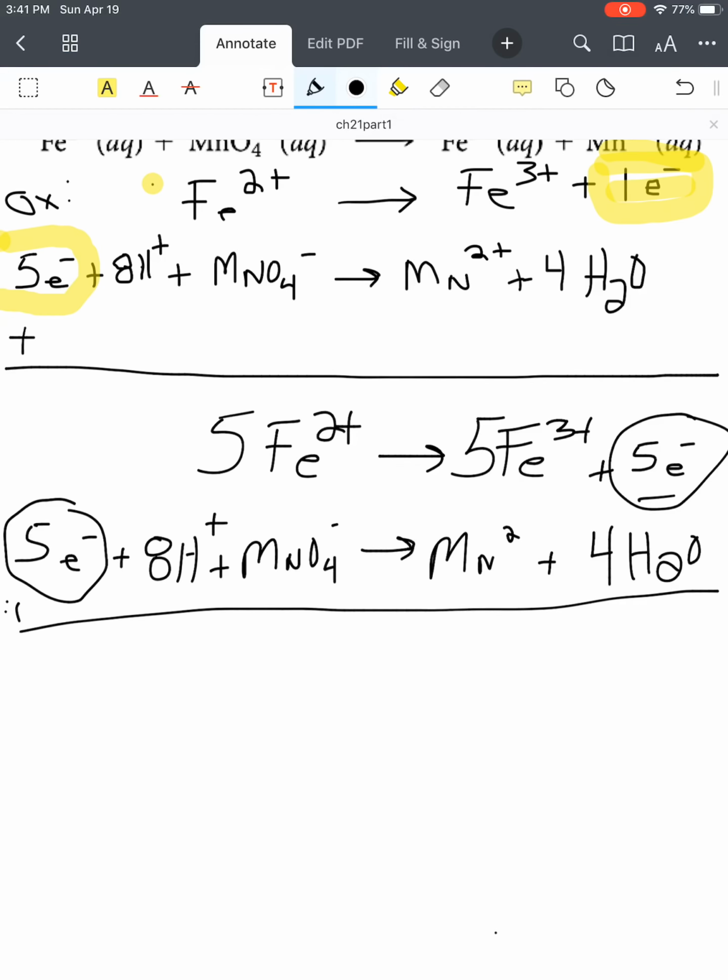And now I can combine these two equations. It's my plus sign. I can combine these two equations because I produce 5 in my oxidation, I use 5 in my reduction, and as a result, I can combine the equations and all of the reactants and products come down to the final balanced equation.